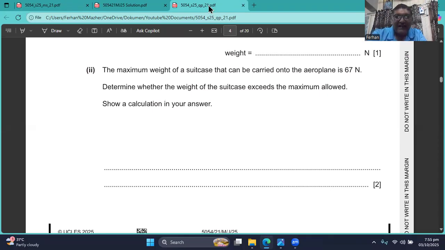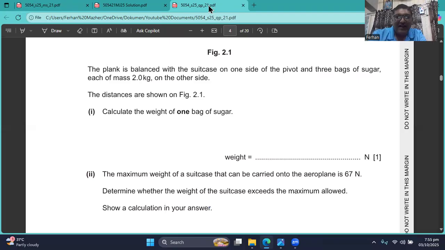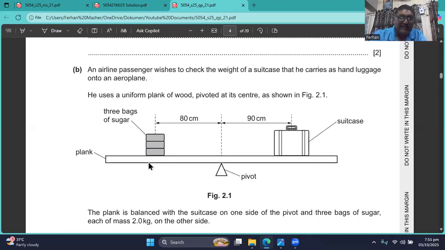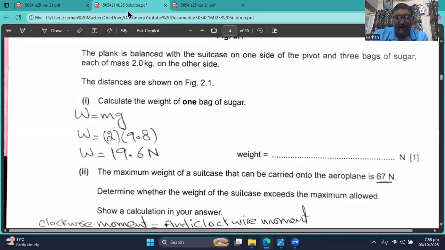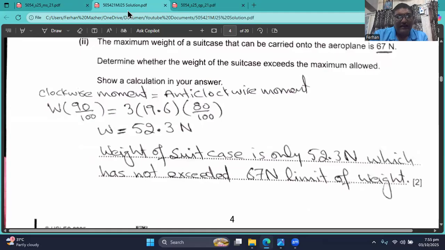These bags of sugar are trying to produce an anti-clockwise moment about the pivot. This suitcase is trying to produce a clockwise moment about the pivot. Because they are in equilibrium, the clockwise moment is equal to the anti-clockwise moment. So I will apply that formula, and here we go.